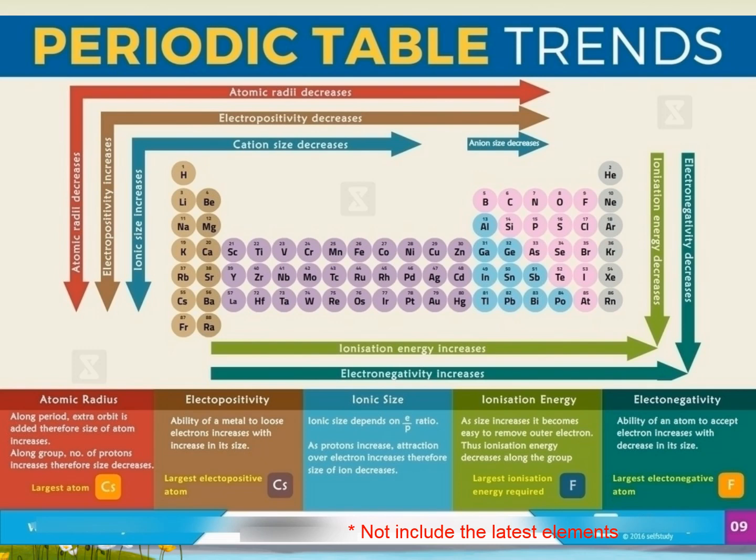As you can see, in general, when we say across the periodic table, meaning from left to right, we say across the periodic table. From up here to down here, we call it going down the group.